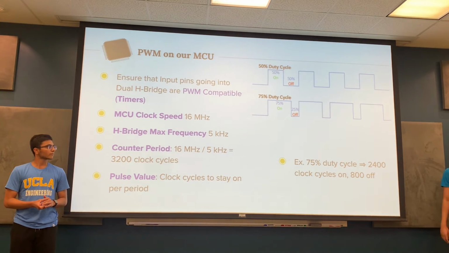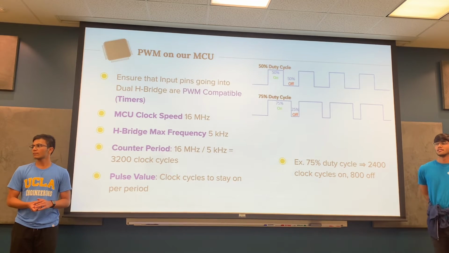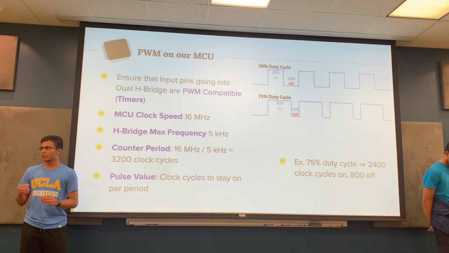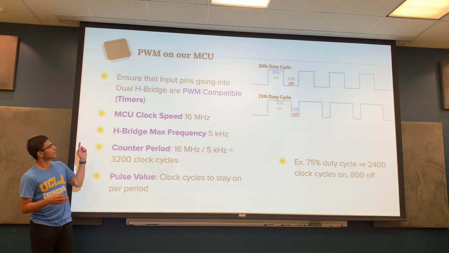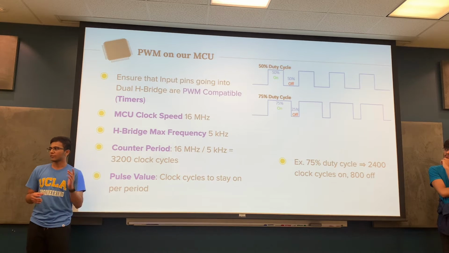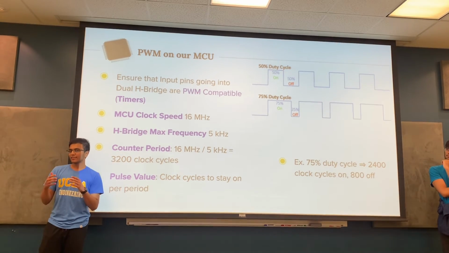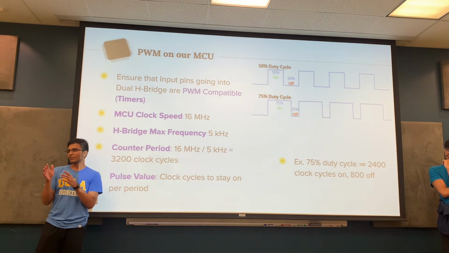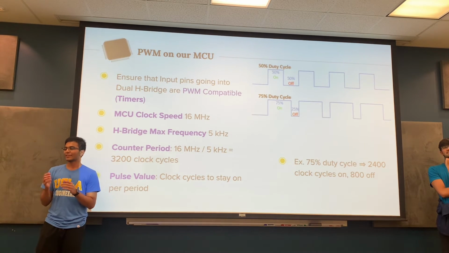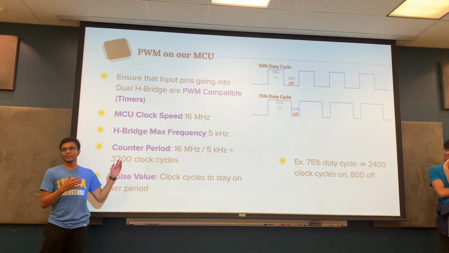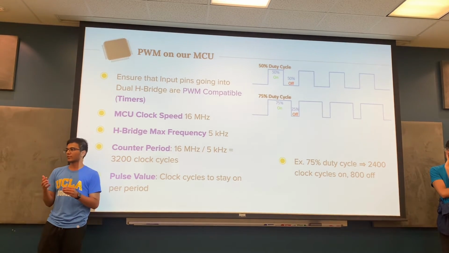Could you explain again how you got the counter period? Yeah, I can do that. So the microcontroller itself operates at 16 megahertz, which means it can send up to 16 million pulses per second, whereas the H-bridge can only take up to 5,000 pulses per second.